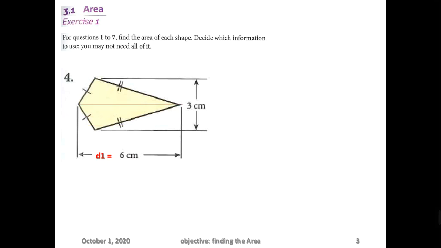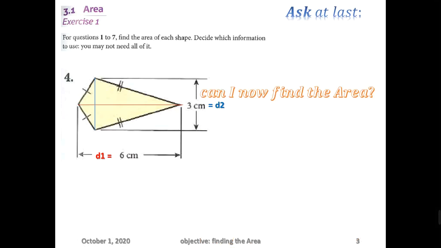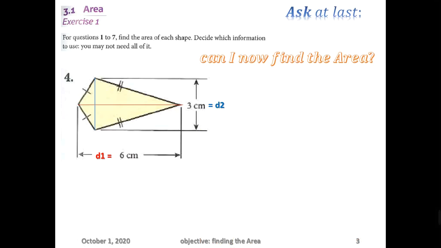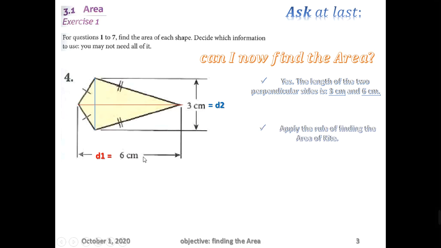So diagonal 1, the length of it is 6 centimeter in this example, and diagonal 2 or the vertical diagonal is 3 centimeter in this example. Now, you ask yourself at last, can I now find the area of this kite? Yes, you can, because you got the length of each diagonal in this shape, which means you just have to write the rule of finding the area of a kite and to substitute in it.